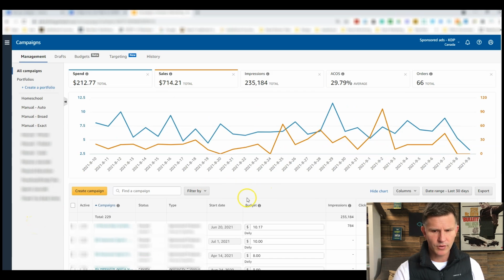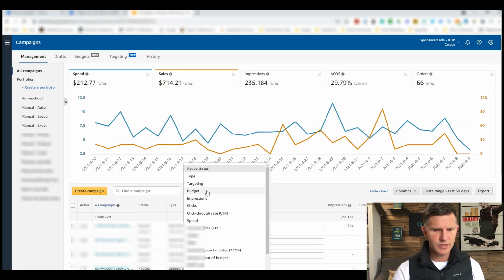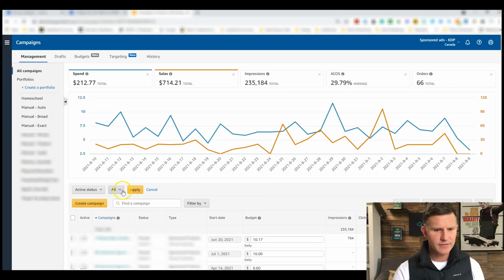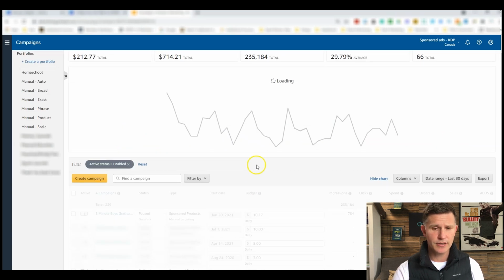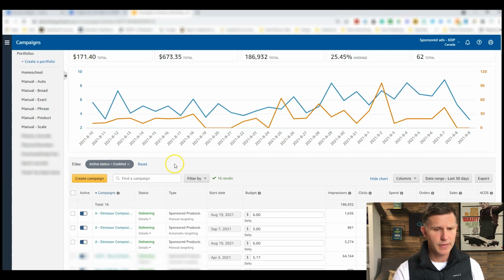So the next thing we wanted to do was filter by active status, and we need to go enabled. So all the enabled campaigns during the current period of time. That's another thing you need to do. So we were going to look at this one just here.